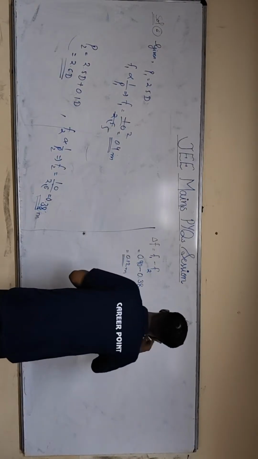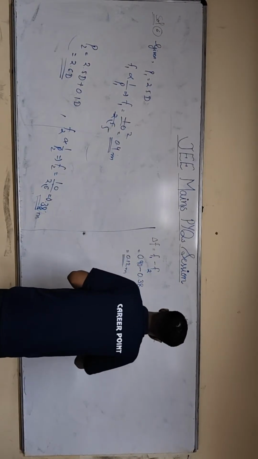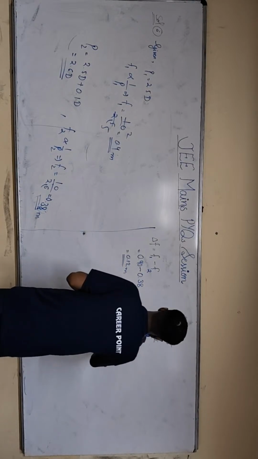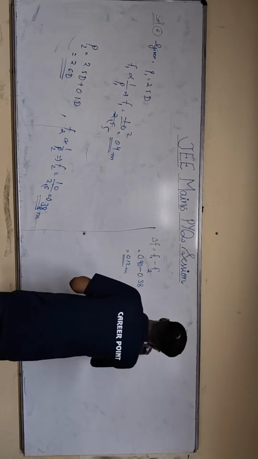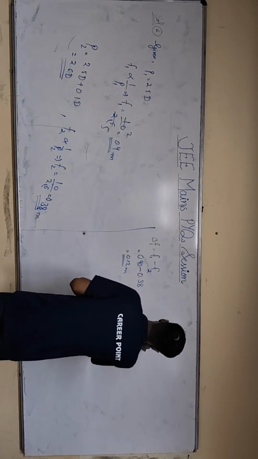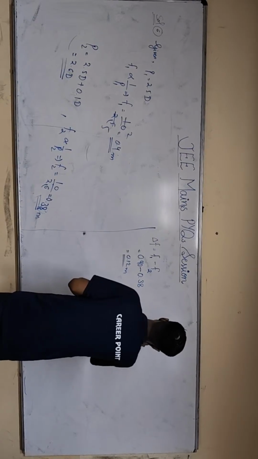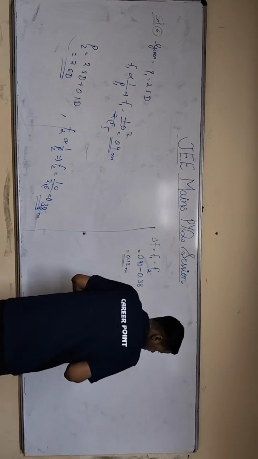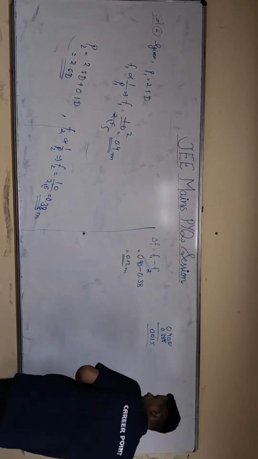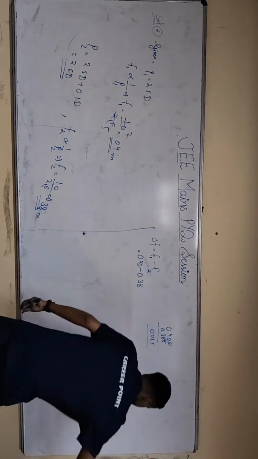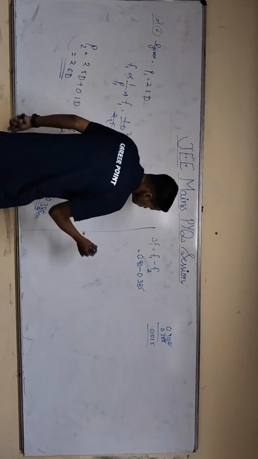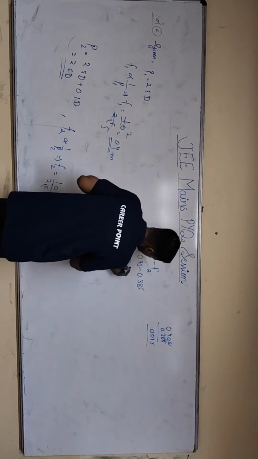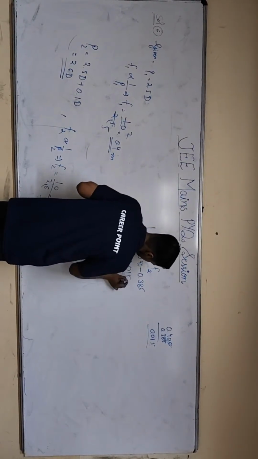Take all three values after the decimal place, so it is easy to solve the question: 0.015 meter.